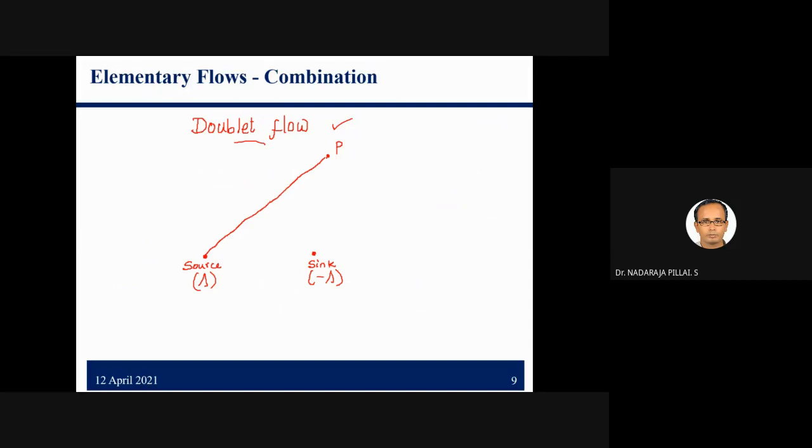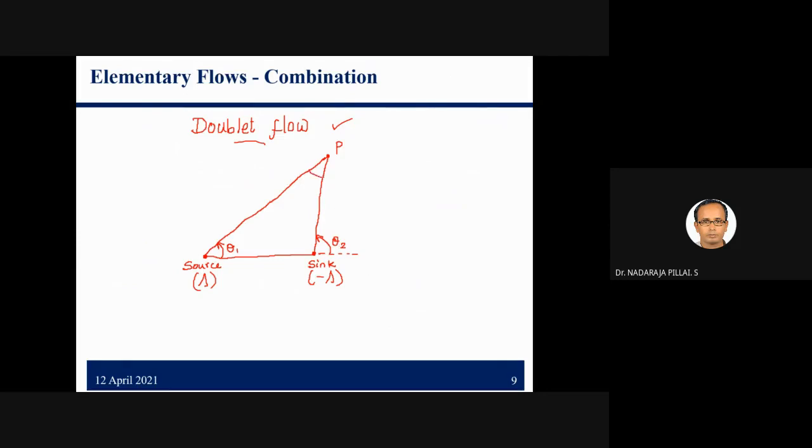So I draw a line from P to the source and to the sink. So we can say that this makes an angle θ1 and this makes an angle θ2.